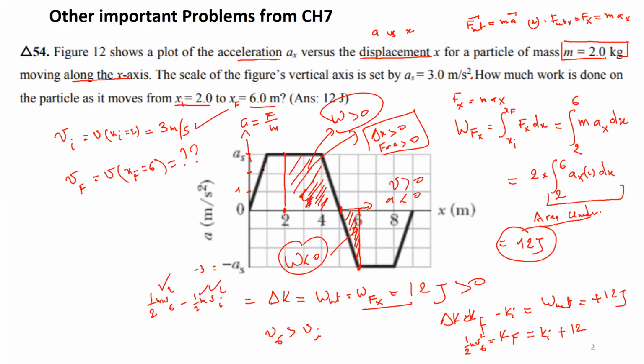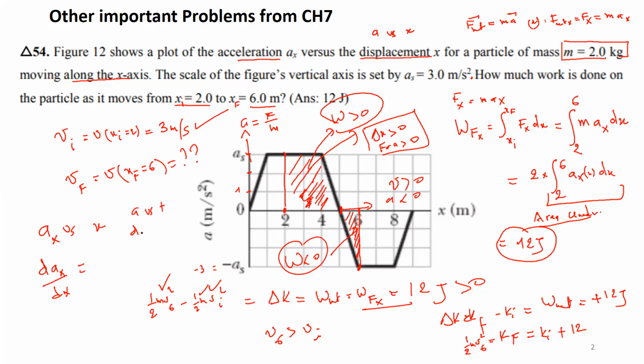So who can tell me what the slope is here? I have acceleration versus x. Now, what is the derivative of acceleration with respect to x? Velocity? No. You remember, we used to have acceleration versus time.